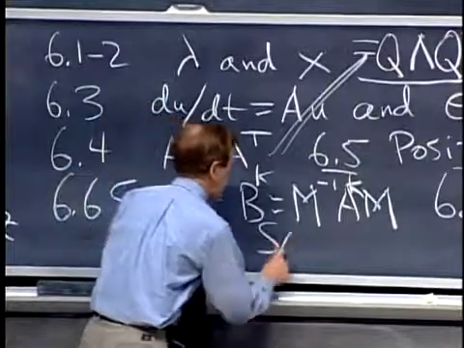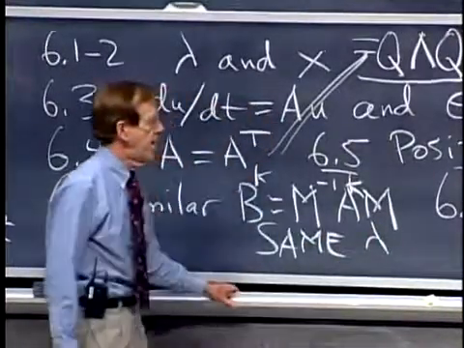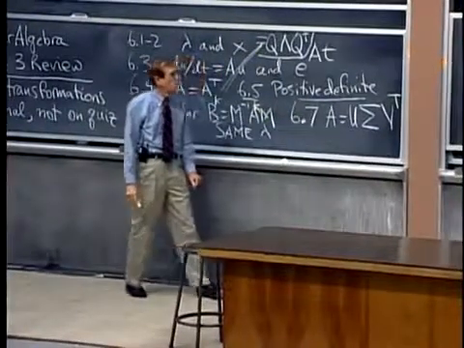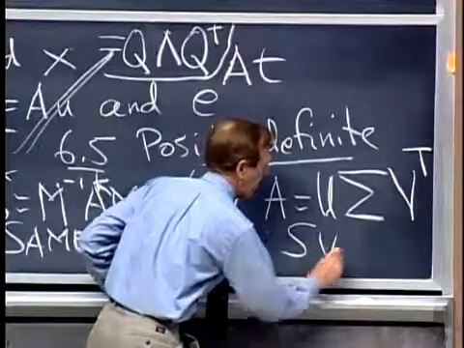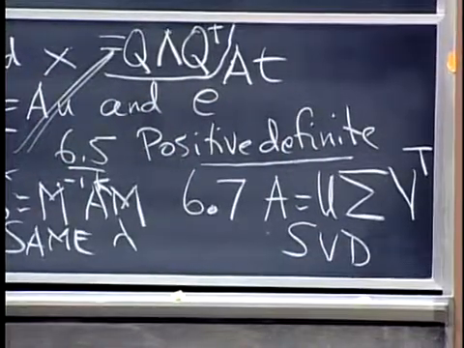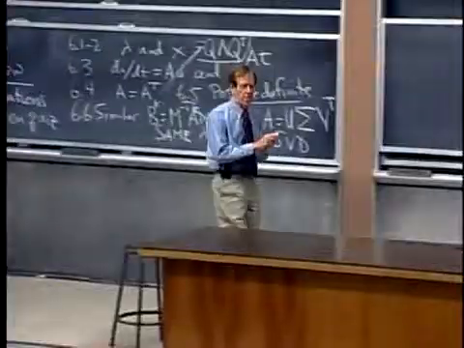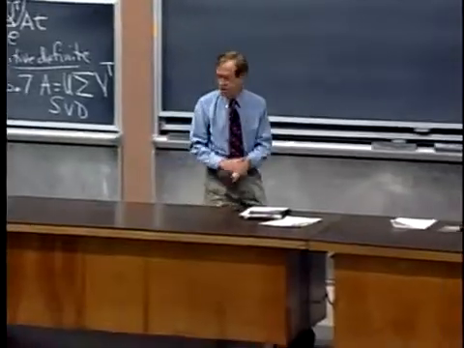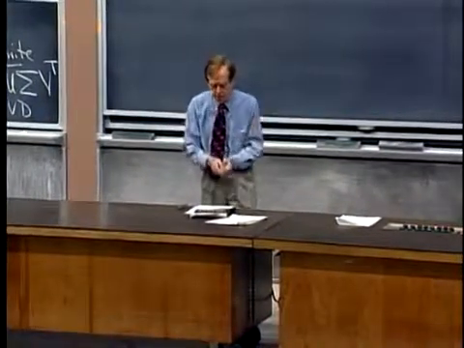So same lambdas. And then finally, I've got to review the point about the SVD, the singular value decomposition. Okay, so that's what this quiz has got to cover. And now I'll just take problems from earlier exams, starting with a differential equation. Okay, and always ready for questions.